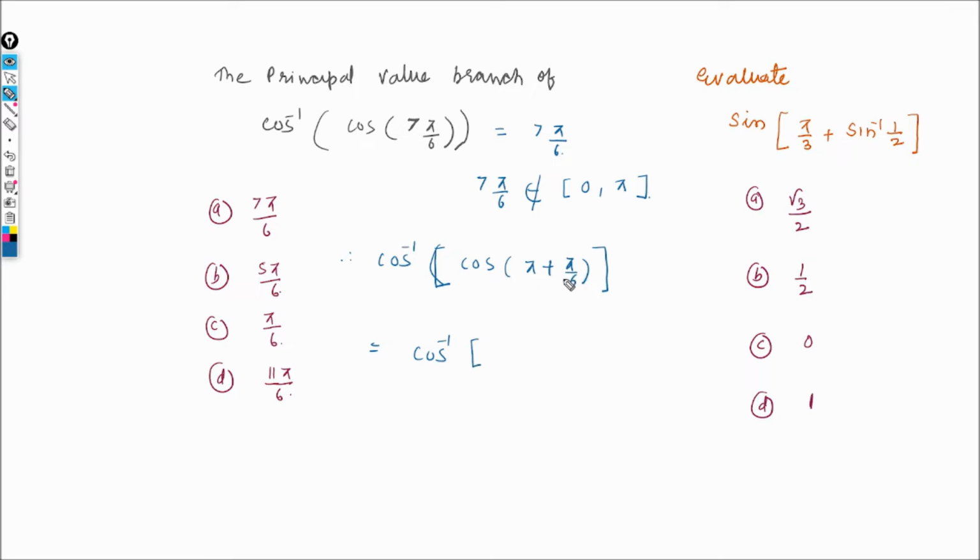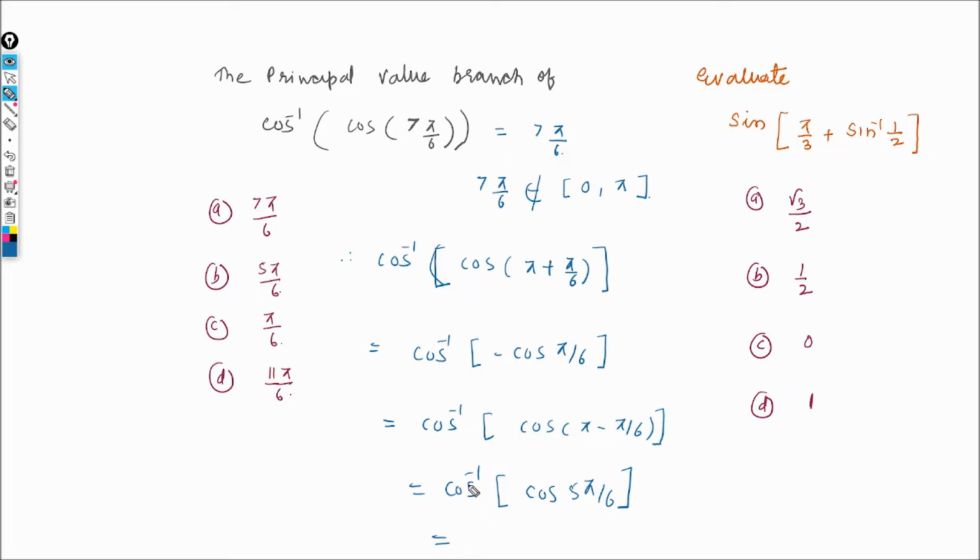Pi plus pi by 6 is in the third quadrant, so this can be written as minus cos pi by 6. So I can write this as cos inverse of minus cos pi by 6. Cos is negative in the second quadrant, so I can write this as cos of pi minus pi by 6. This is cos of 5 pi by 6.